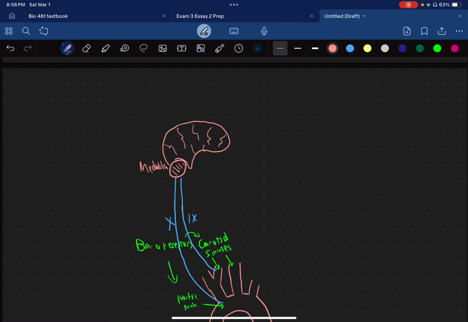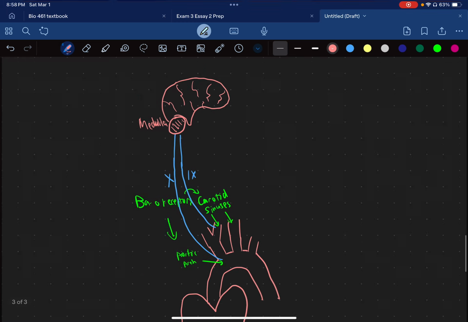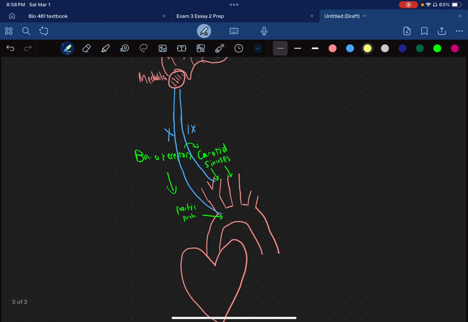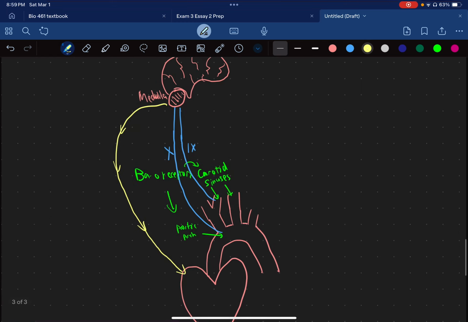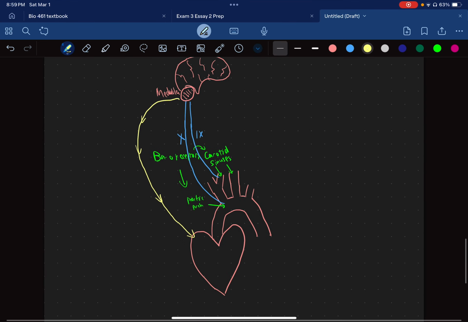So if the blood pressure is increasing and we sense that, the medulla is going to use parasympathetic or sympathetic fibers that go back to our effector organ, which is the heart. So say our blood pressure has increased for whatever reason.